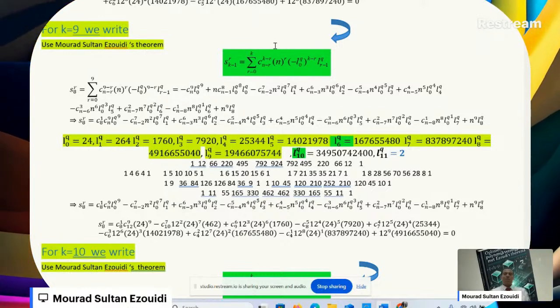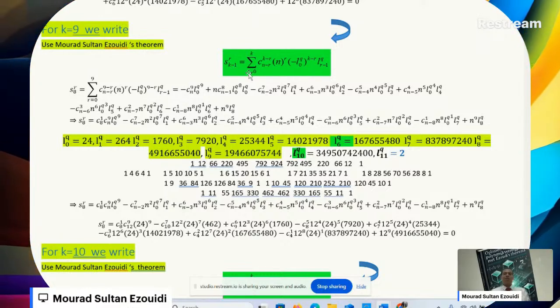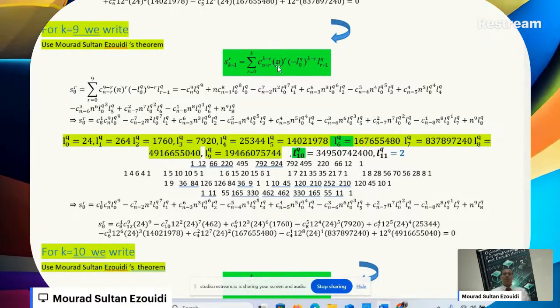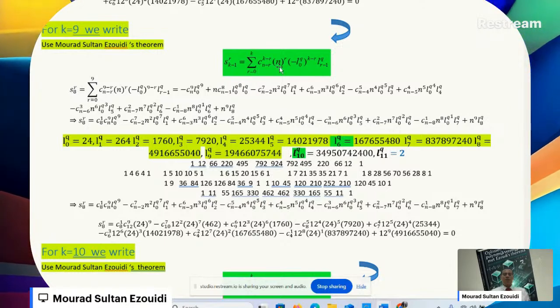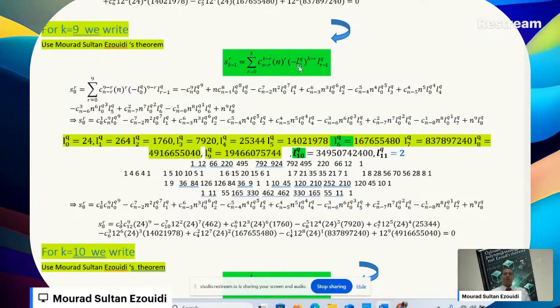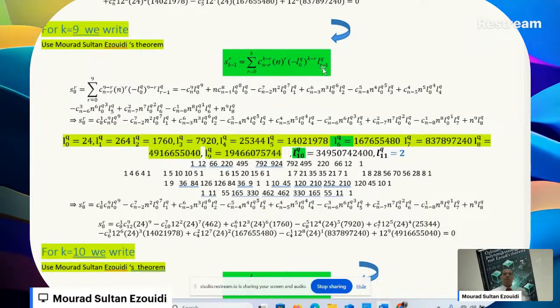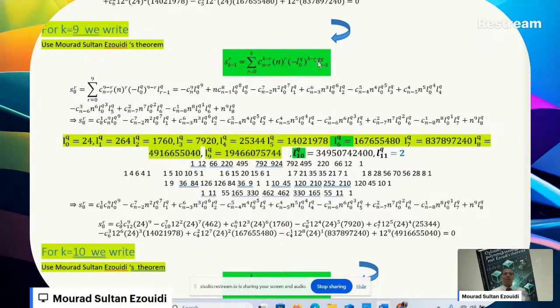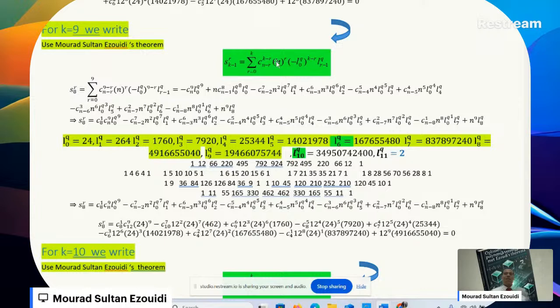So this one, you see this relation between Sk minus 1 and the binomial coefficient and the degree of the polynomial and the sum of the roots of the original n degree polynomial equation and the coefficient of that polynomial equation is written as that.